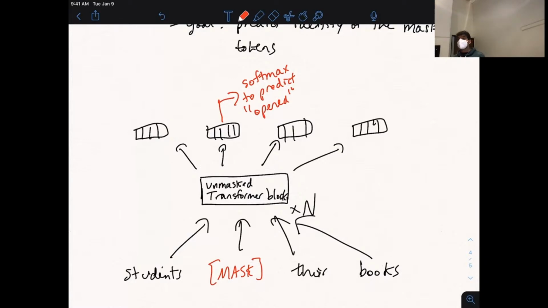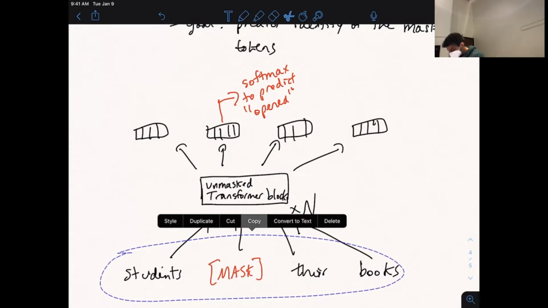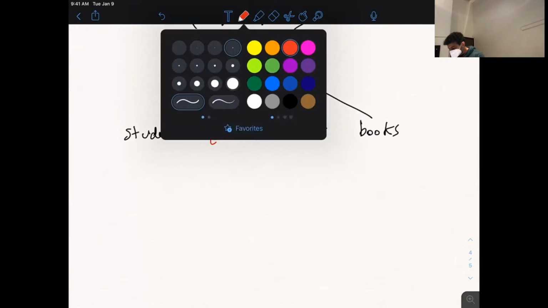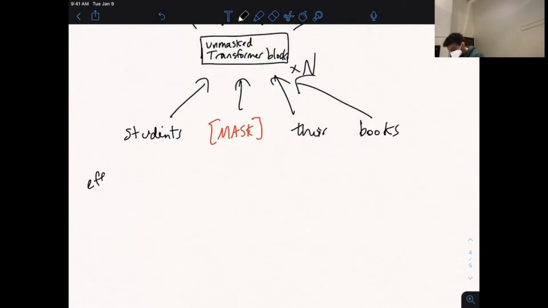But that brings up an interesting point, right? If I have multiple mask tokens in my input, the task starts becoming harder and harder. Maybe I can just use this example to illustrate that. Let's call this the effect of increasing mask percentage.